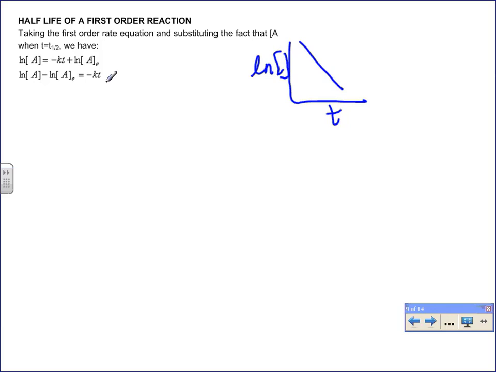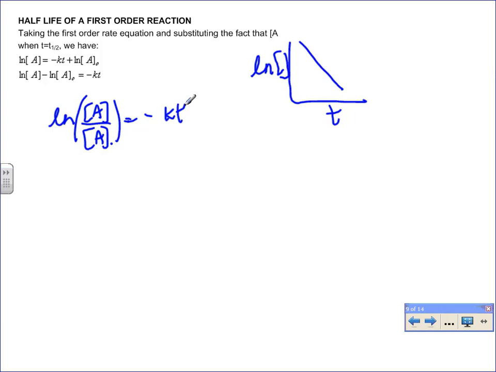Now you'll remember that for log rules, if you're subtracting, ln A minus ln A naught is the same as ln of A over A naught, and that's equal to negative kt.